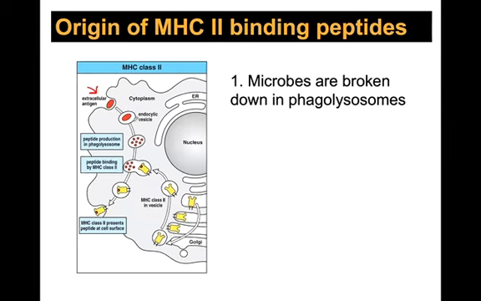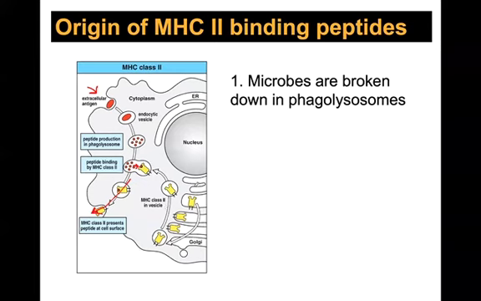And that endocytic vesicle is then fusing with a phagolysosome, which contains some special enzymes, and then degrades those antigens into peptides. Those peptides are then loaded onto MHC class II, and by doing that, allows those MHC class II to get to the cell surface.